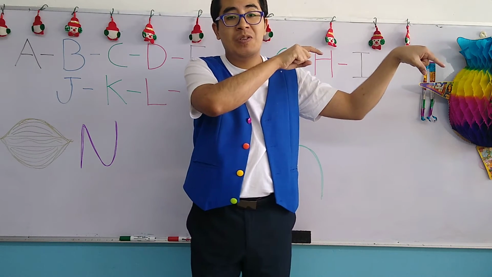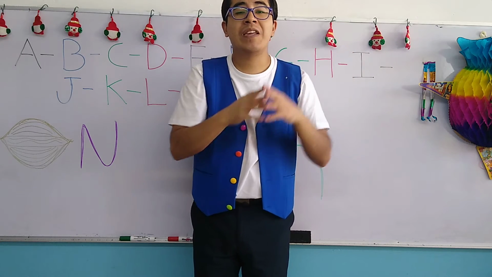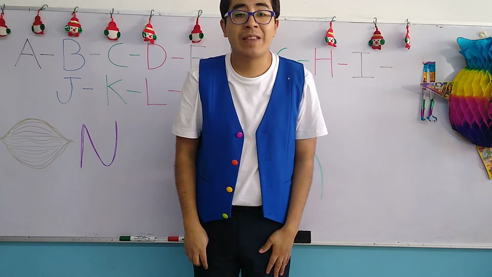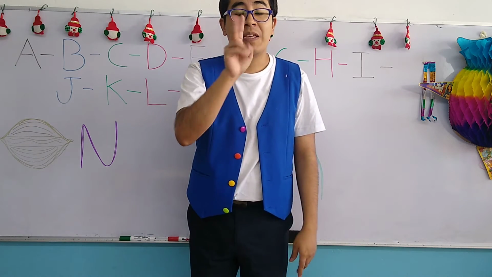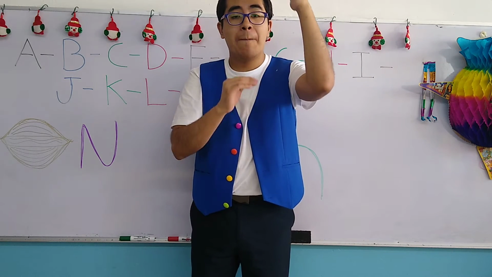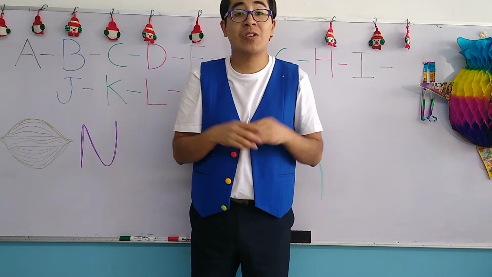Tenemos que retroceder and start the review of the letters beginning with the letter A, okay? Now, also, don't forget that all of the letters, todas las letras, have two forms. Tienen dos formas. Capital letters, which are the big ones, mayúsculas, and small letters, minúsculas.